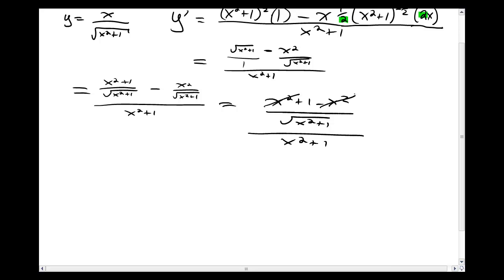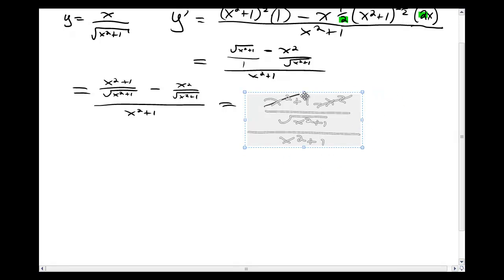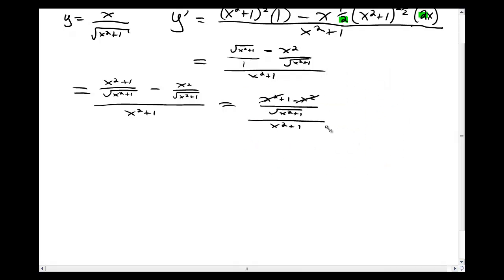These two x squareds cancel each other out, and not only are they going to cancel each other out, but I'm also going to use the laws of dealing with complex fractions and massively improper fractions to take care of getting this to have just one single denominator instead of the two denominators that it currently has.